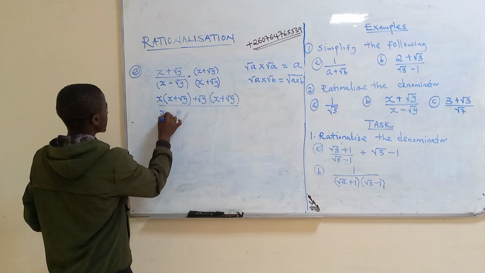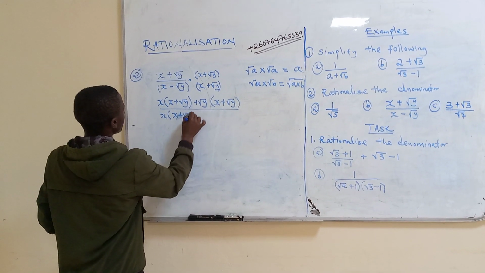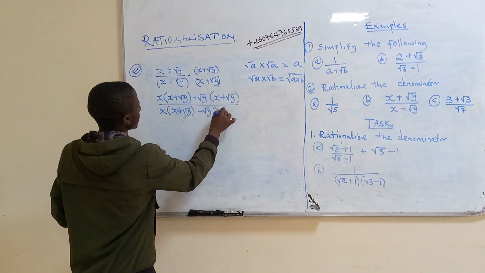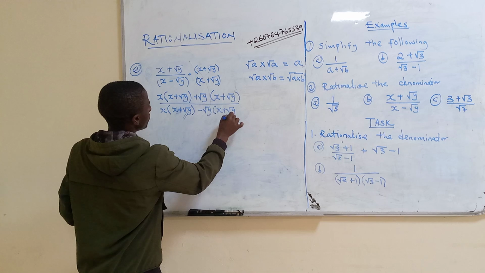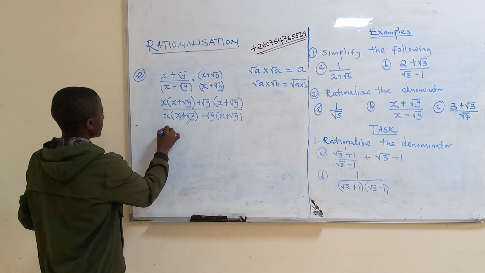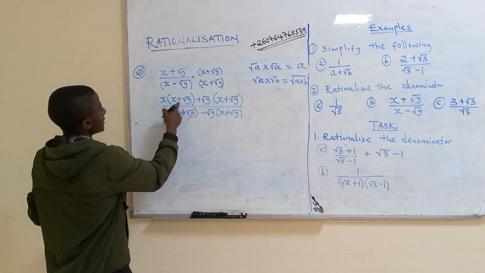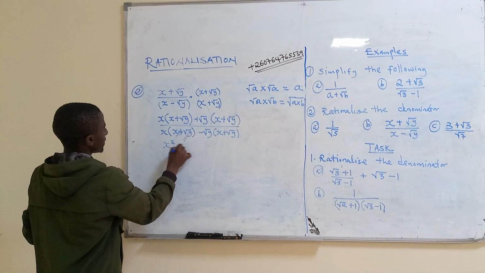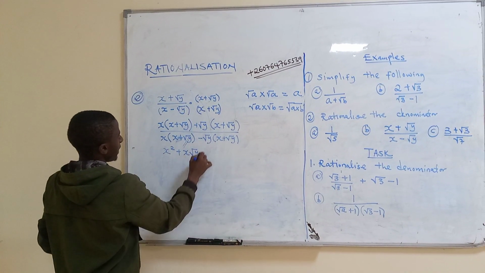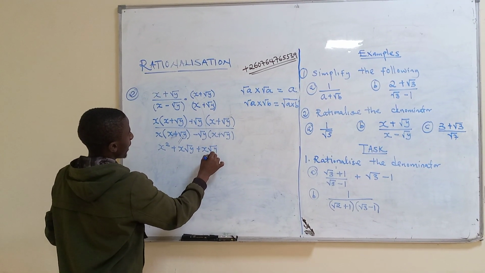So that is x multiplied by x plus square root of y, negative square root of y, x plus square root of y. So x times x, x square. x times square root of y, you are getting x square root of y. And that, you are getting x square root of y.